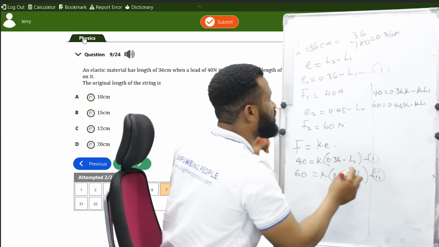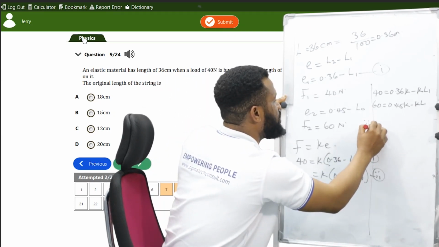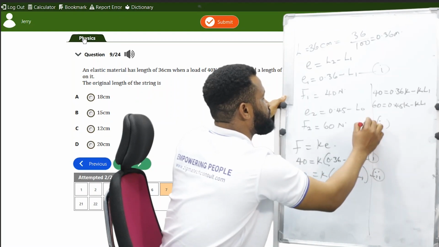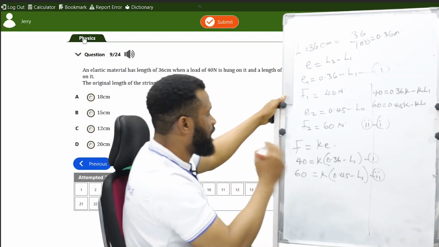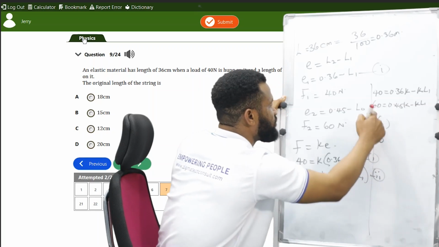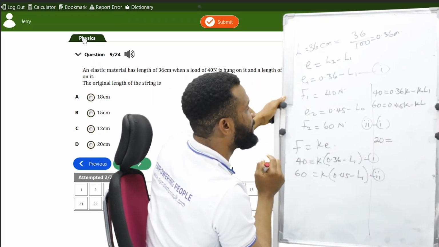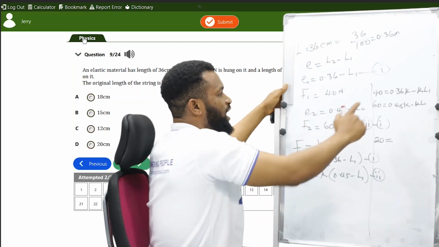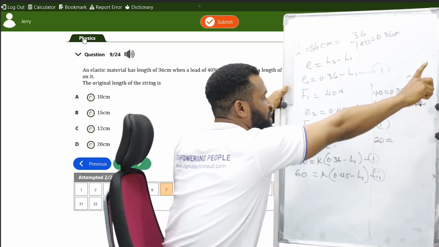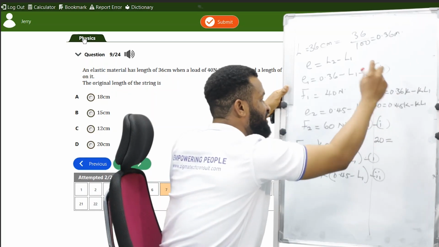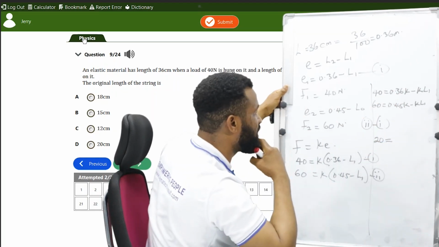Okay, so I'm going to say, if I say equation 2 minus equation 1, I'm going to have 20, because 60 minus 40 is 20, which is going to be that. So if I minus, will I be able to eliminate this? Because I want to have at least one constant is what I'm looking for at this point.